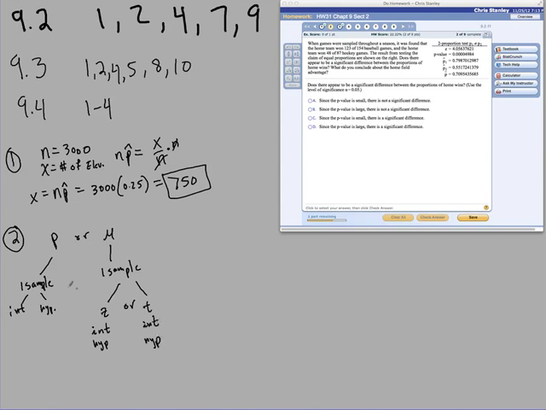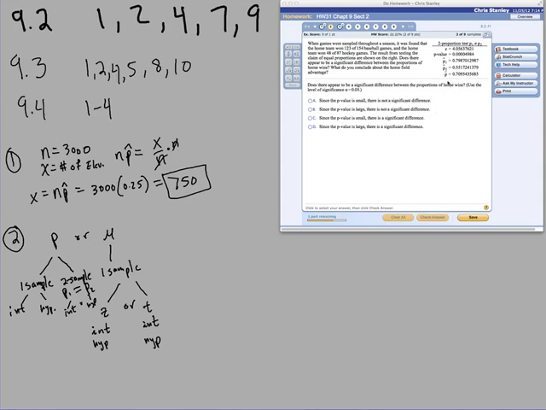Now we're going to be doing the same thing, but we're adding another element here. It could be two samples. We're comparing one proportion with another proportion, and it's the same thing: it could either be an interval or a hypothesis test. The interval would be the difference of the two. You can tell there are two samples here because we have a p hat 1 and a p hat 2.